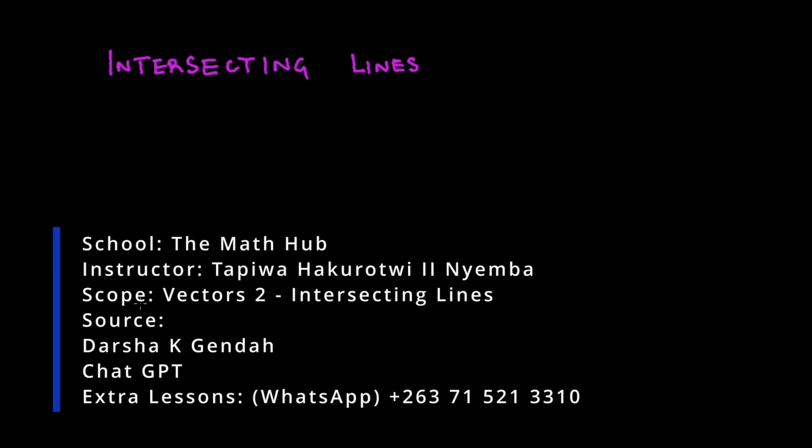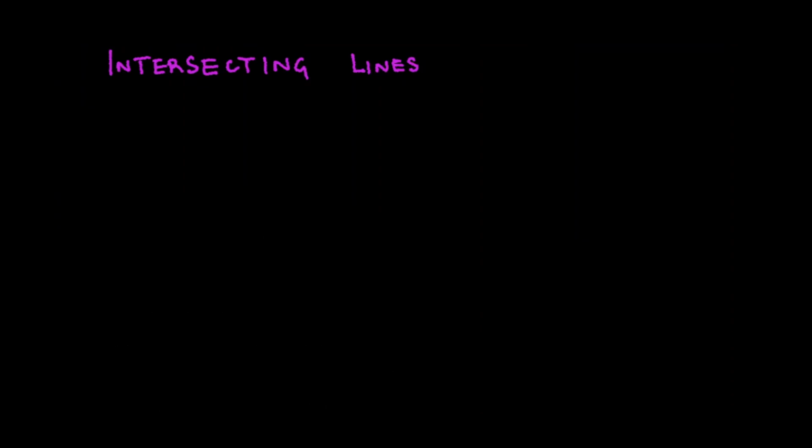Good day. In today's lesson, we are going to look at intersecting lines, when we do vectors 2. So the first point we are going to write here is, when we say lines intersect, what do we mean?